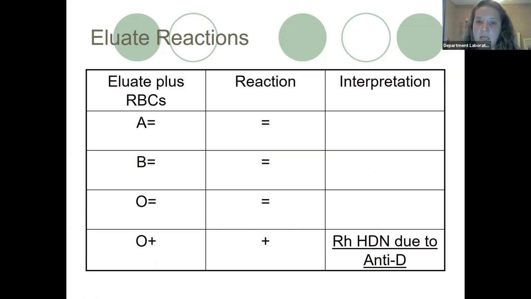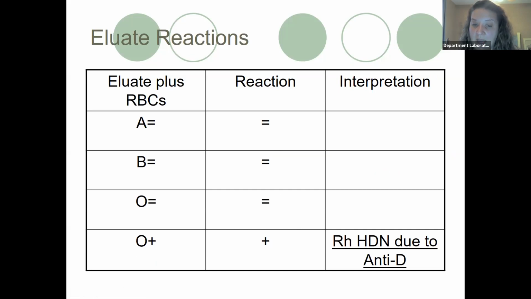All right, here's an example. Notice after our DAT, performing the eluate freeze, we've tested our A cells, our B cells, our O negative cells, and O positive cells. Notice how we have all negative reactions with our A and B cells, negative reactions with our O negative cells, but a positive reaction with the O positive cells.